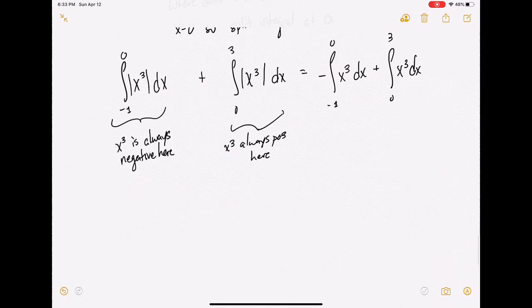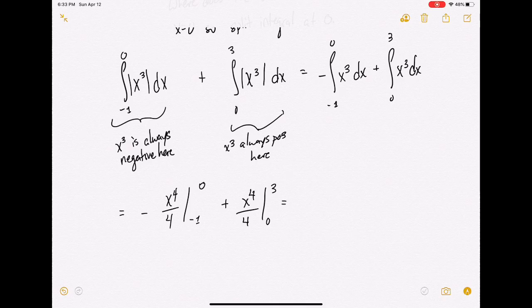And so then we can just compute these as they would be, negative x to the 4th over 4 from -1 to 0 plus x to the 4th over 4 from 0 to 3. And what would we get?